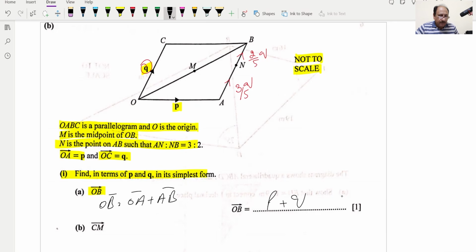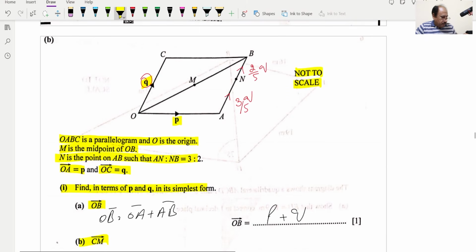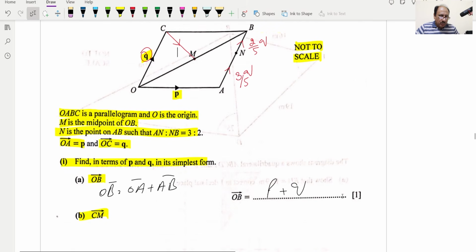One more question I have written for your explanation. CM is what? We can draw CM, and we can write CM is equal to CO plus OM.